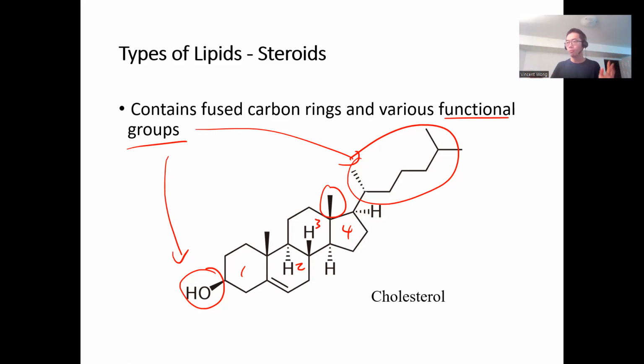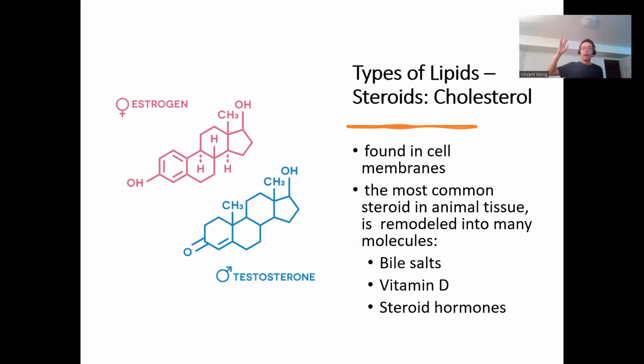You will learn more about functional groups in your second semester chemistry class. There are different kinds of steroids in the body, and a lot of them use cholesterol as a starting material.